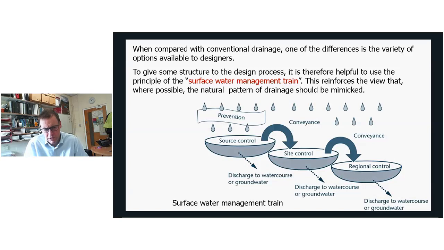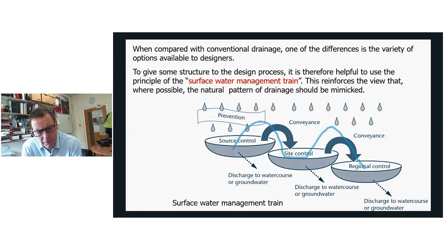There'll be a lot of infiltration there, hopefully. Any flows that are not infiltrated then go to your regional control, which might be a pond. And those three steps, hopefully each of them along the way is reducing the volume and attenuating the flows and improving water quality and providing some amenity along the way.